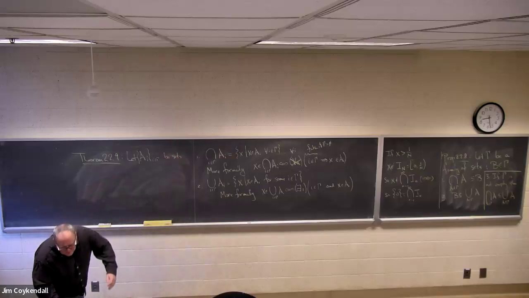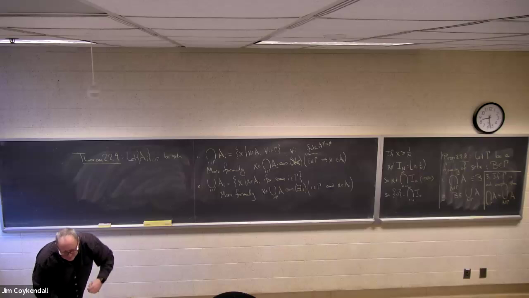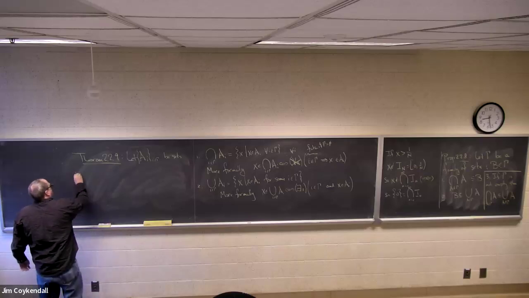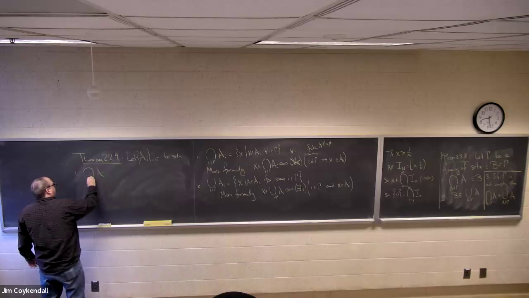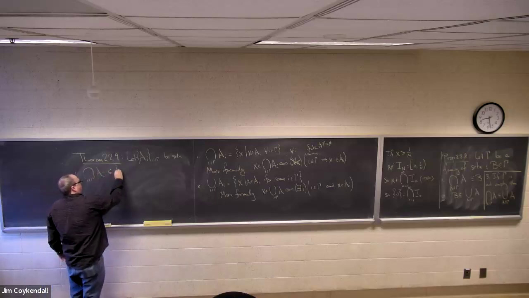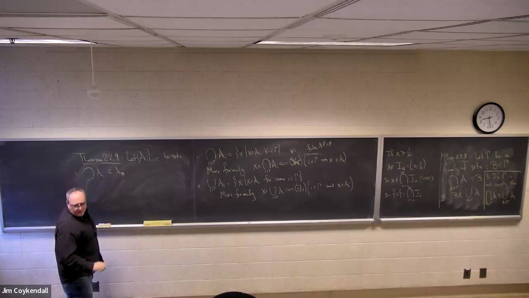So we have the following, the intersection, for all beta in gamma.